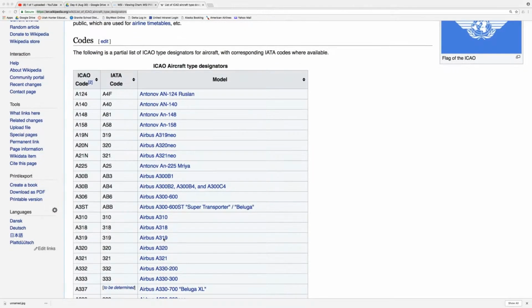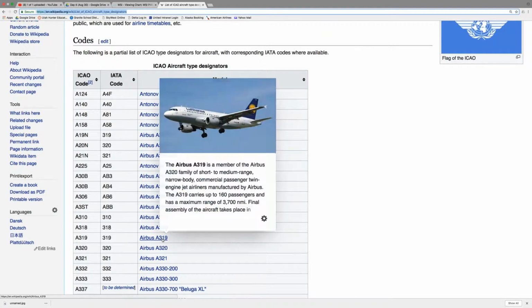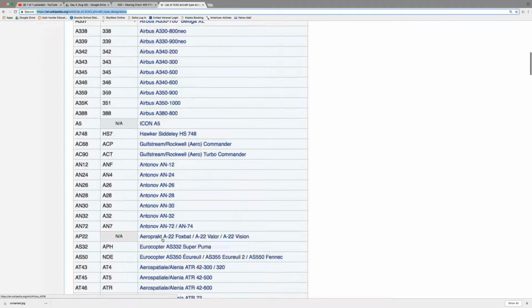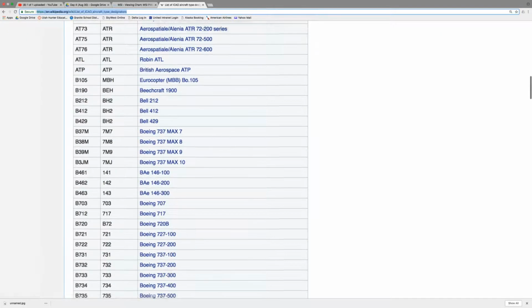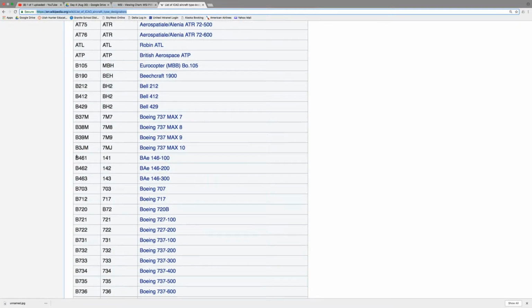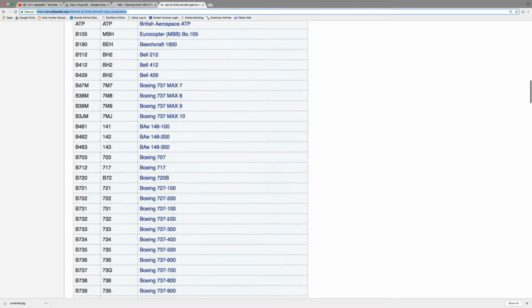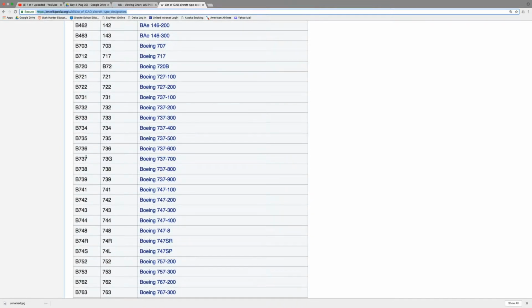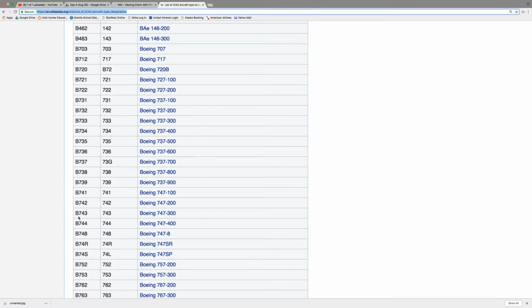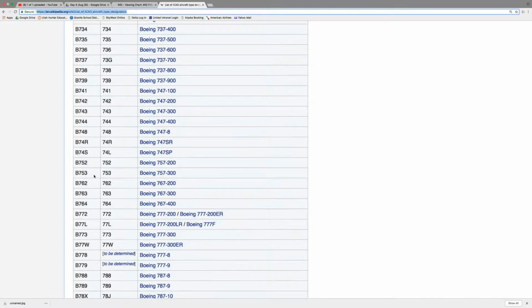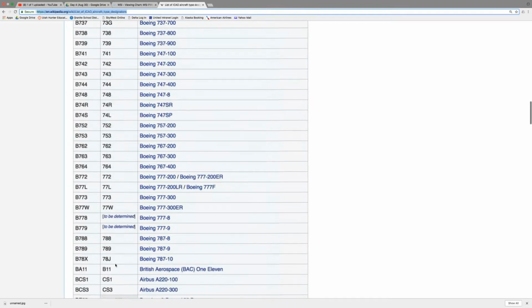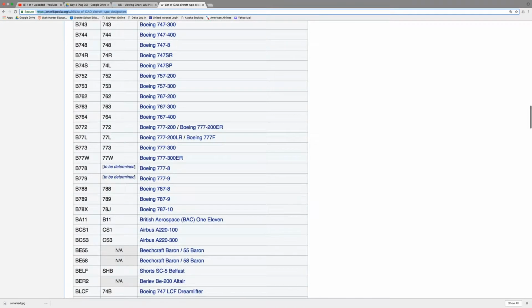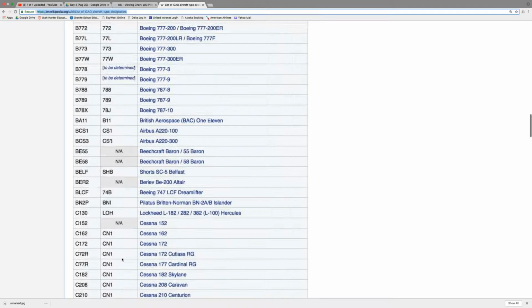Like I was saying, A319. Here's the Boeing, all your Boeing aircraft. It's always designated like a 73, 74, 75, 76, 77, 78. You know that that's a Boeing aircraft.